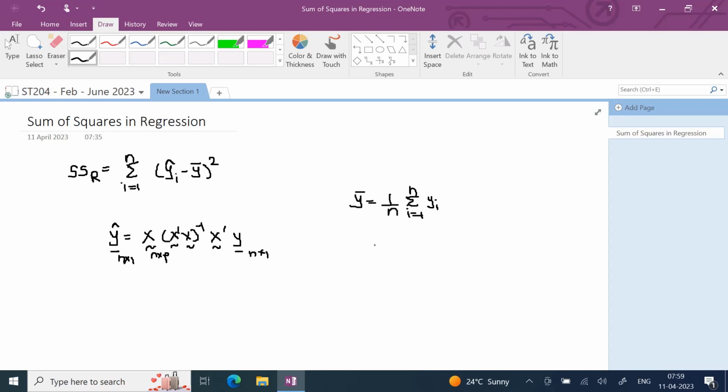So this I could write in the vector form: 1 upon n u prime y, where u is basically a vector of ones. So it's a vector of order n cross 1. So I will have 1 times y1 plus 1 times y2 plus 1 times y3 and so on. Okay. So now I have a vector notation for both of them.